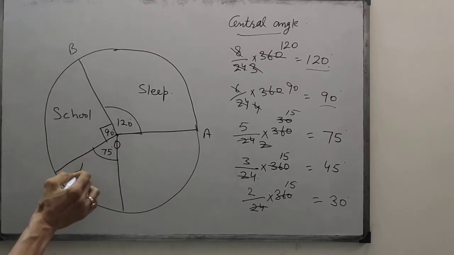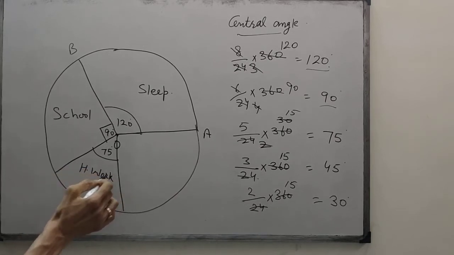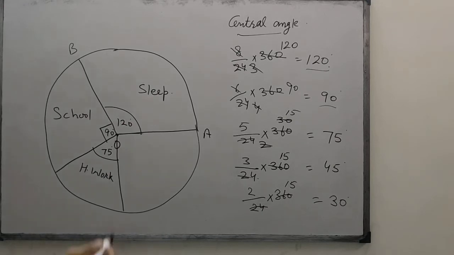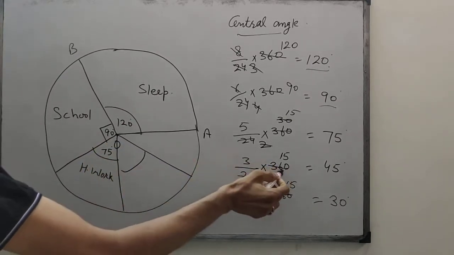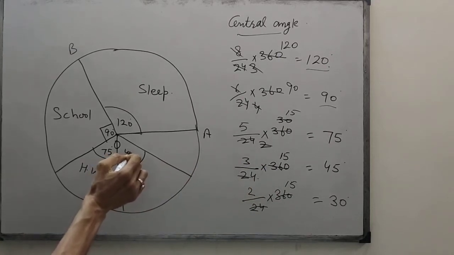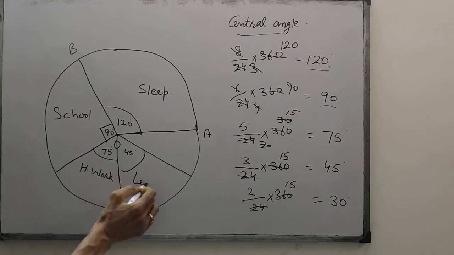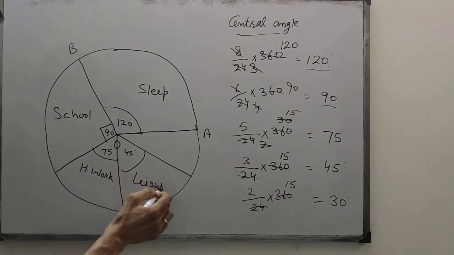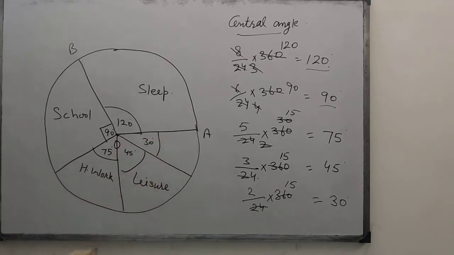It is household work. Now the next angle is 45 degrees, for leisure. And the remaining angle is automatically 30 degrees, it will remain by itself. No need to draw it.